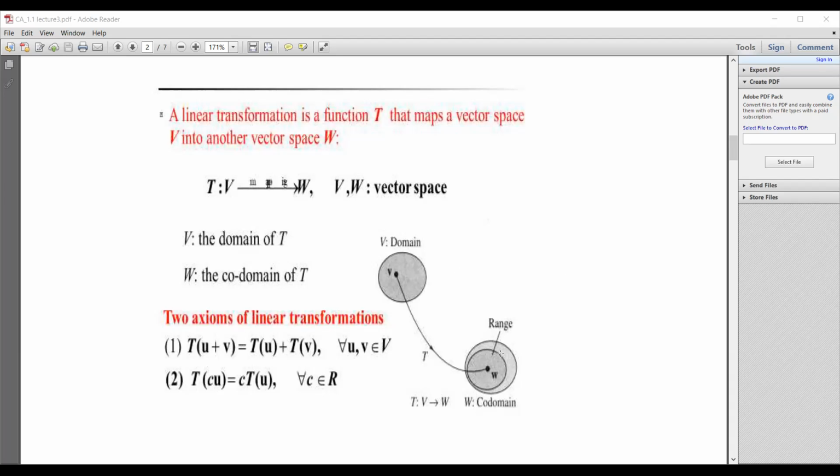Now, T will be called a linear transformation if it satisfies these two conditions. Number one is T(u + v) = T(u) + T(v) whenever u, v are in V, and number two is T(cu) = c T(u) for all c belonging to R. Here R is the underlying field for this vector space.